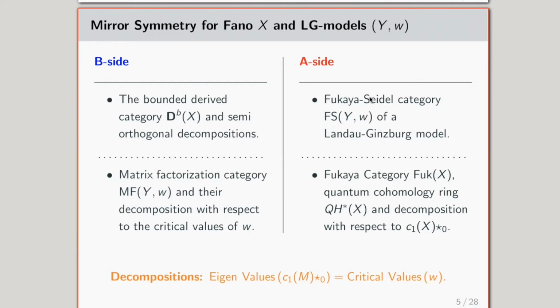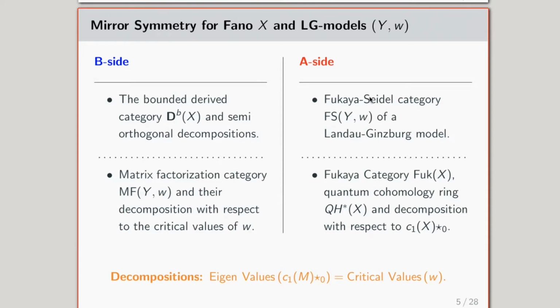But what you see common in both of these is that if you look at the bottom row, you have this function on the left side. This matrix factorization category has a natural decomposition in terms of the critical values of this function W, whereas on the other side, the Fukaya category, the quantum cohomology ring, has a natural decomposition in terms of the quantum multiplication by the first Chern class, and those decompositions should coincide because they are the same underlying triangulated category.